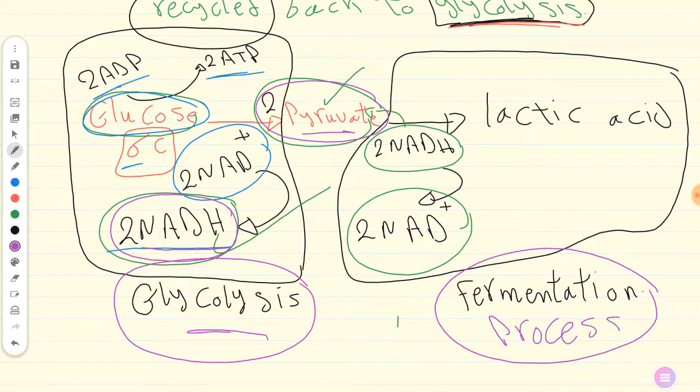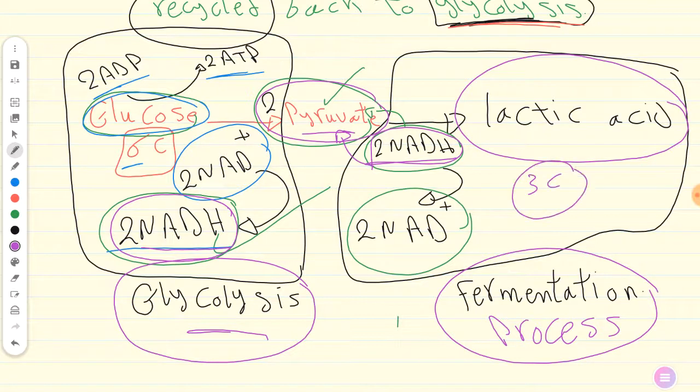The 2 NADH convert pyruvate into lactic acid, which has 3 carbon atoms, and the 2 NADH convert into 2 NAD.